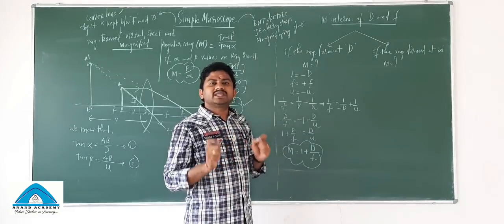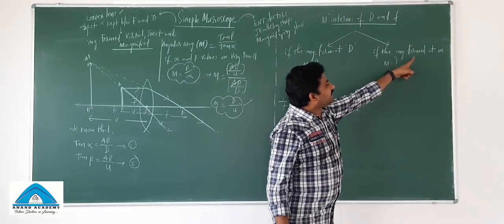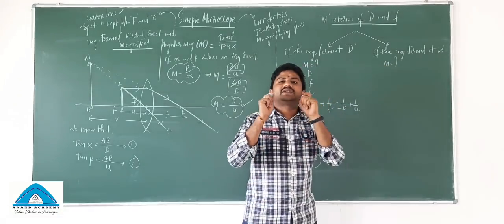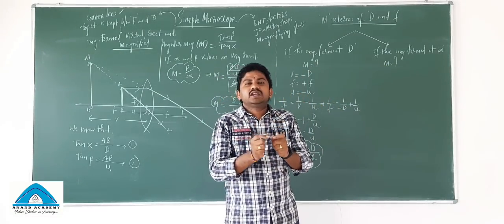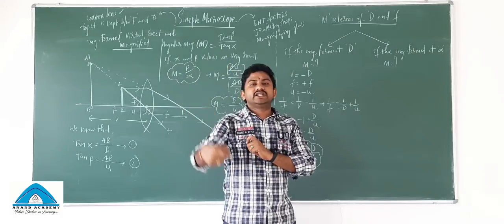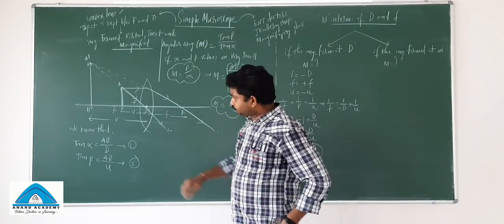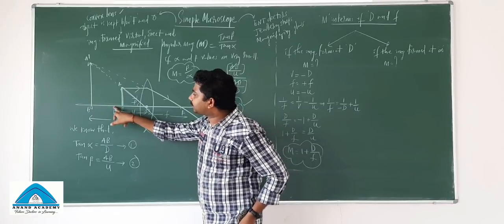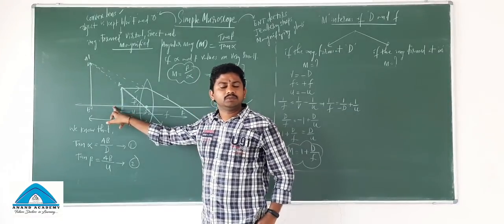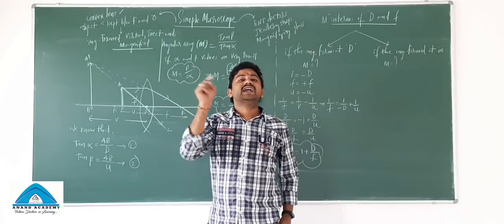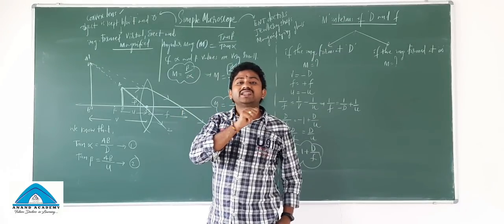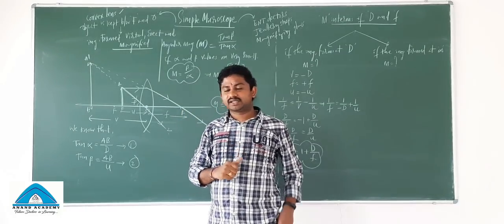Now, do you remember the case when the object is kept at capital F, the image is formed at infinity? So let us come back to our diagram here. Imagine the object is kept at F, where will the image be formed? The image will be formed at infinity. So where is that infinity? That is the interesting thing here.